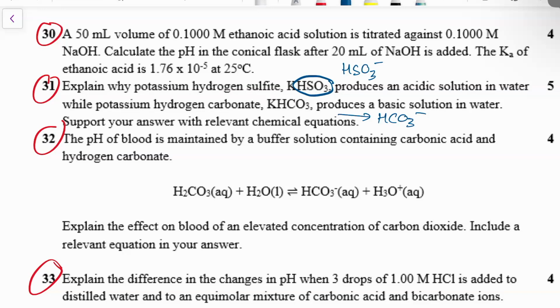So your answer to this question is going to be, even though it's amphiprotic, it prefers to do one thing over the other. So that's part of the 5 marks, acknowledging that it's amphiprotic in the first place, which is why they can ask a question like this. So we might start there.